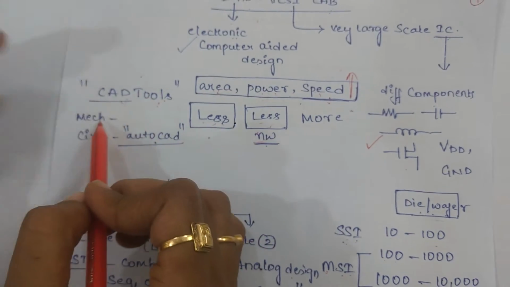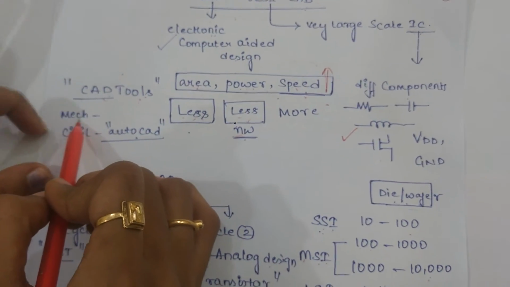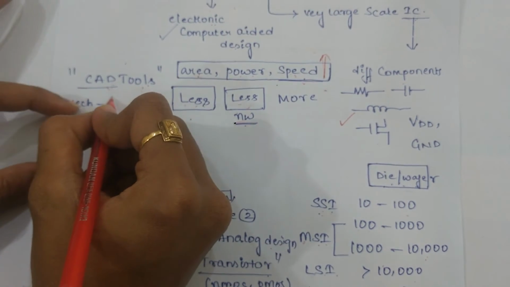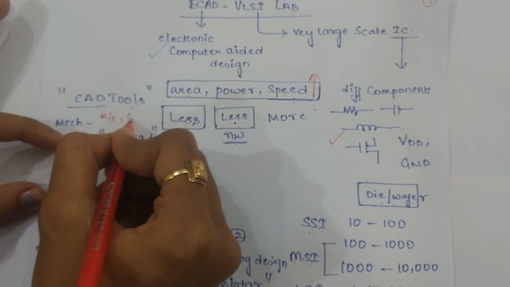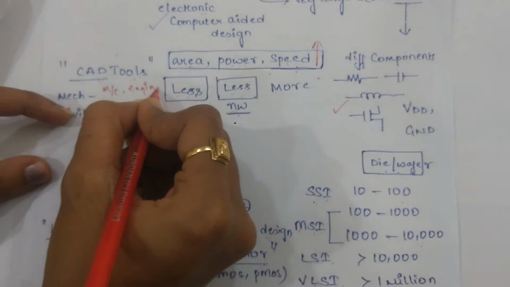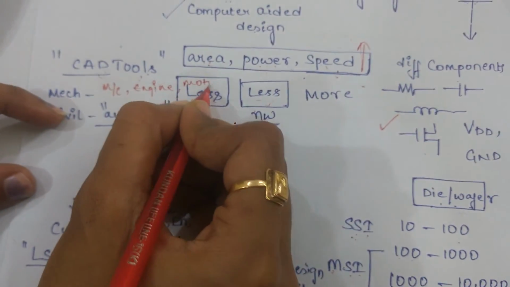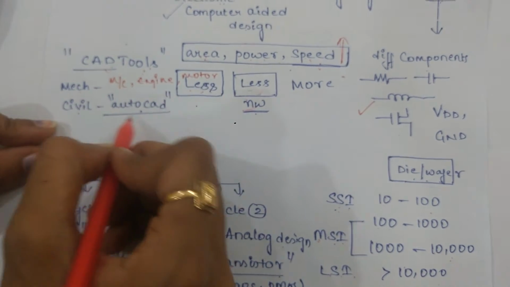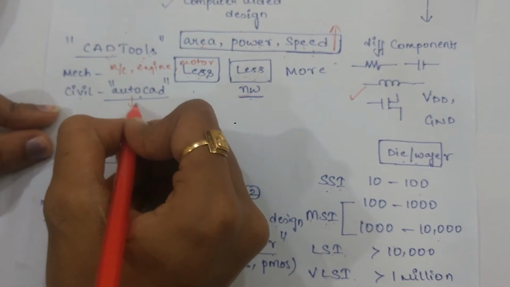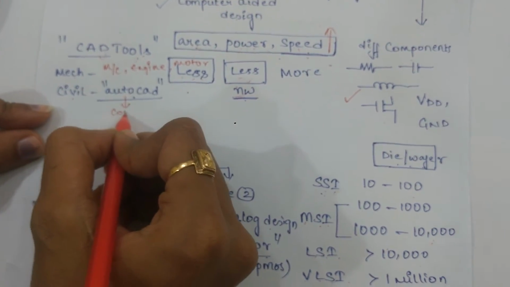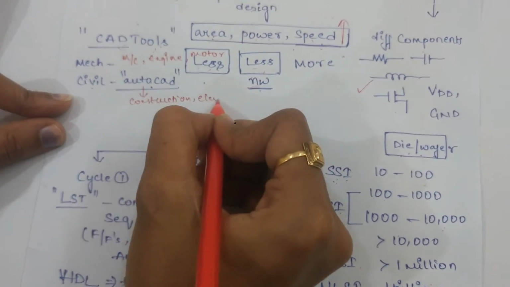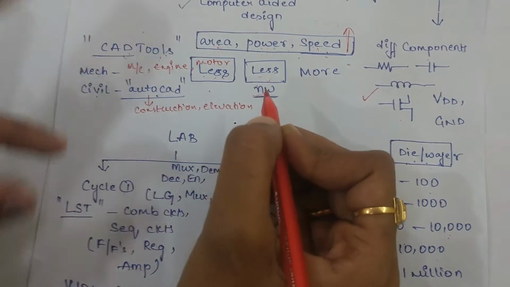For example, a mechanical engineering department will have its own CAD tools for designing machinery or engine circuits or motors and everything. Like that, civil will have its own AutoCAD tools, mainly for designing construction or elevation purposes.